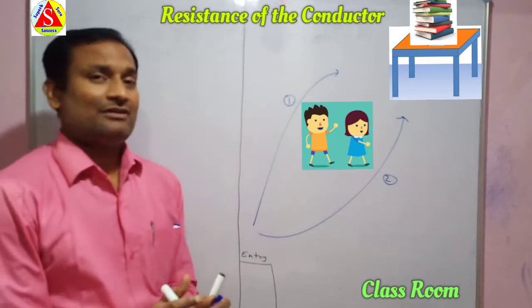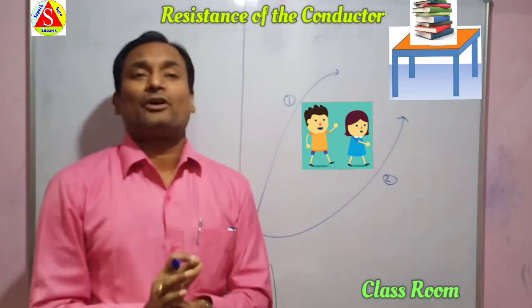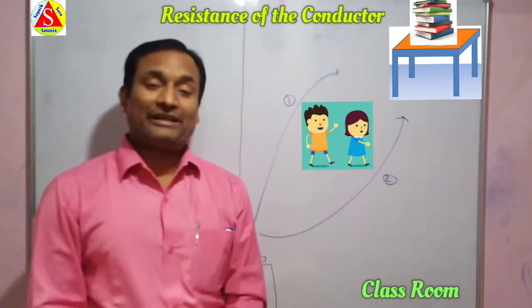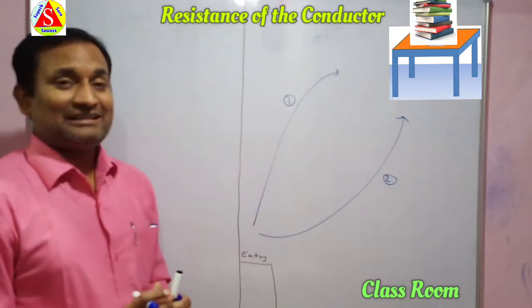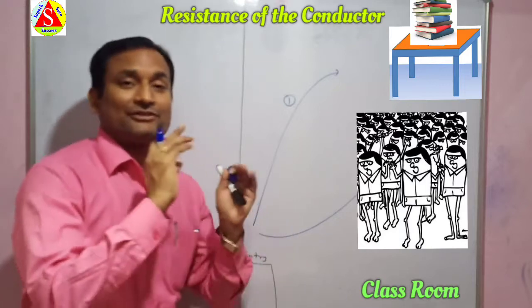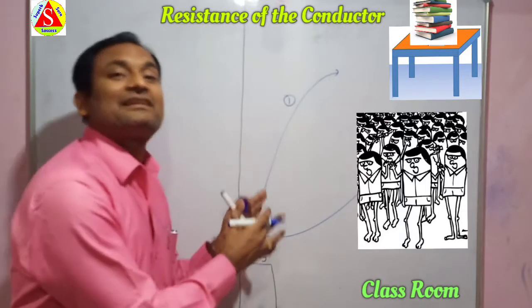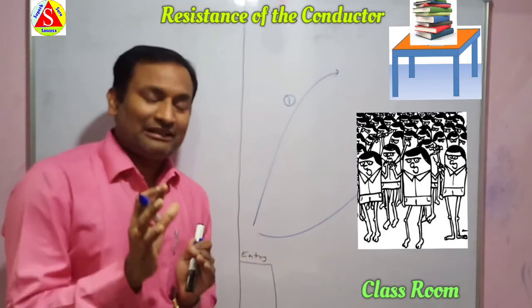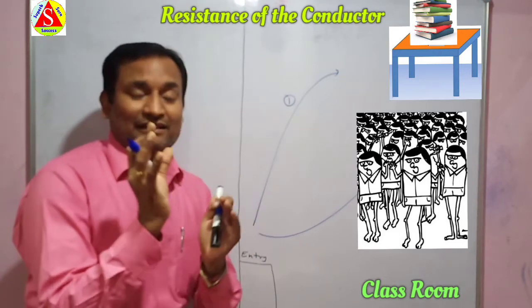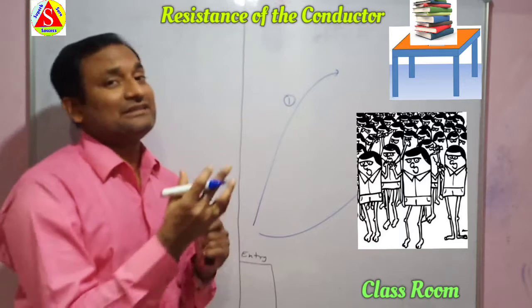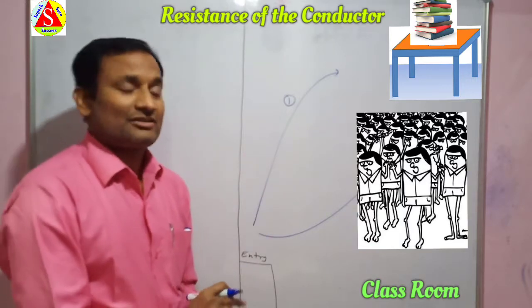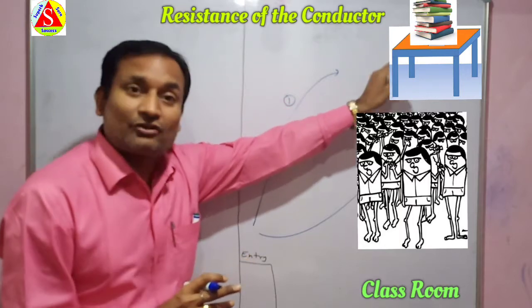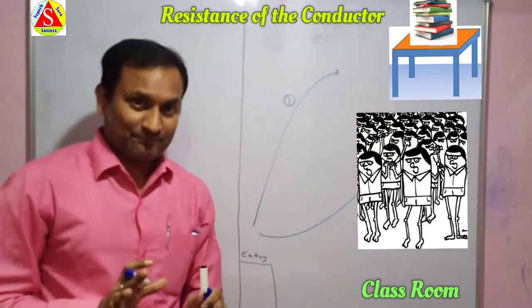There will be no problem collecting their copies from the table. But now, if 50 students enter the classroom, what will happen? Definitely there will be a little bit of collision among the students because they all have to go and collect their copies from the same table.